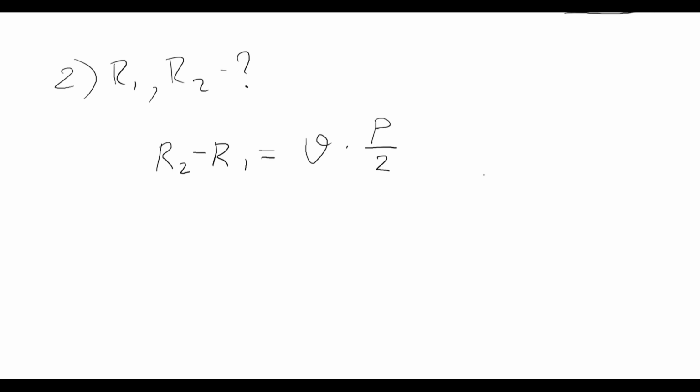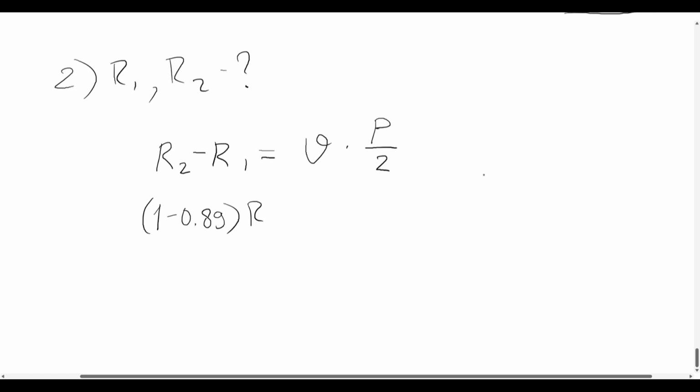Okay, great. So then it will be (1 minus 0.89) times R2 equals V times P over 2.